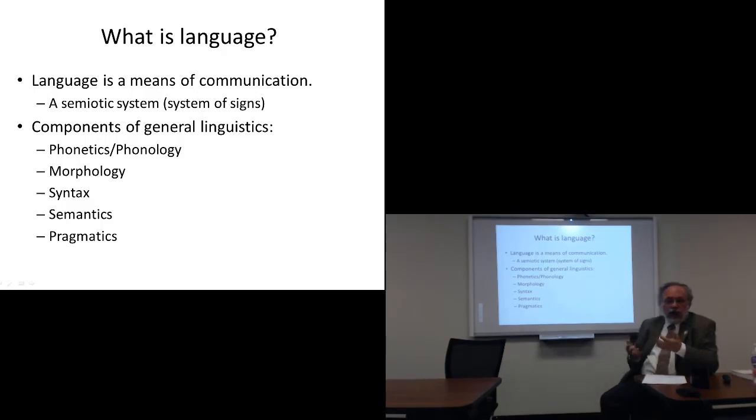And then semantics is meaning. These things, words and sentences, have meaning, right? So semantics is how meaning is conveyed through language, and pragmatics is how meaning changes depending on the context. So if I say this is a lovely jacket, and I mean it, because I think it's a lovely jacket, then the meaning is fairly straightforward.